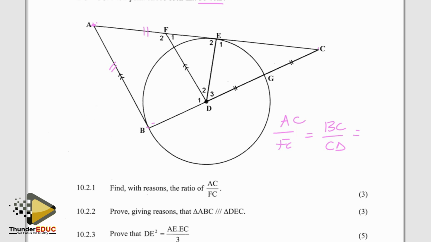Now, we know that this is a radius. Let me just call it R. So if this is R, this is also R, and this is the same as that, which is also R. Which means my BC is going to be 3 times R, which means it's 3R, over the CD.